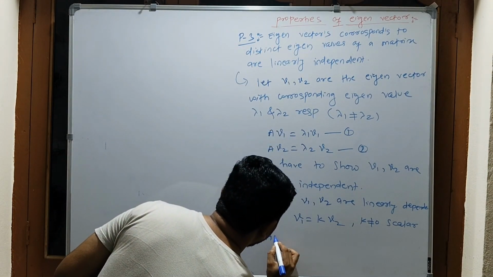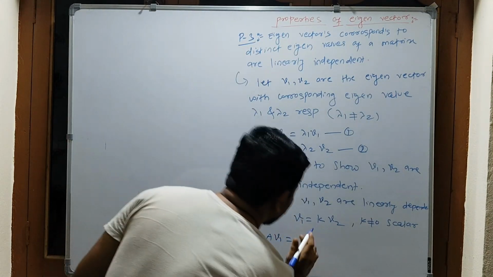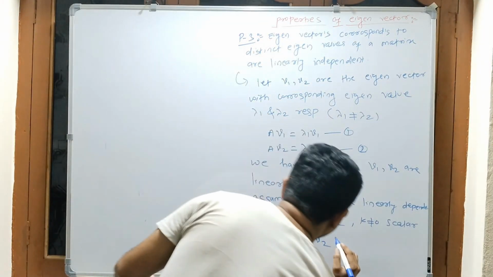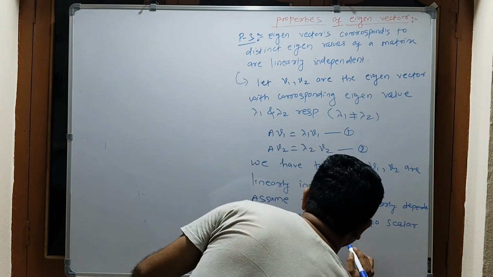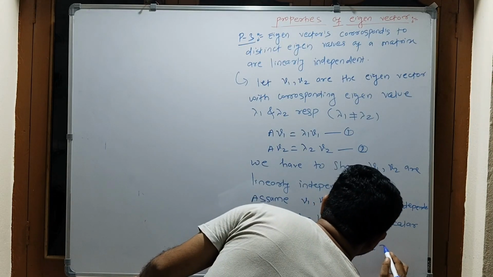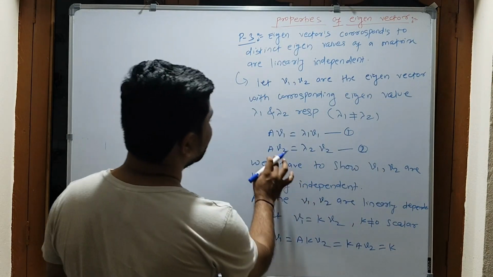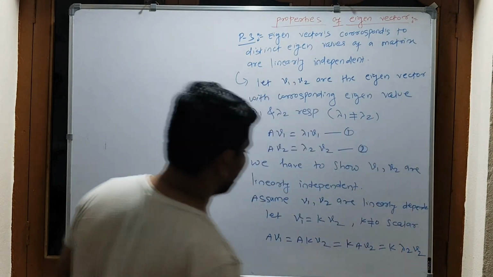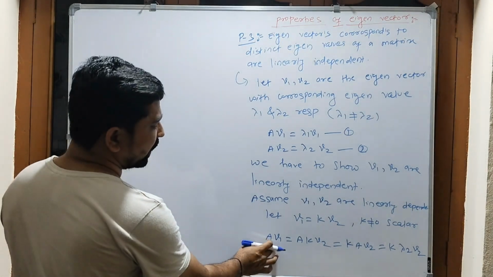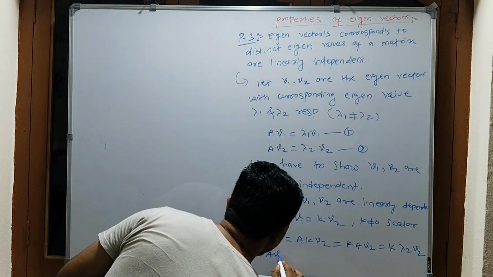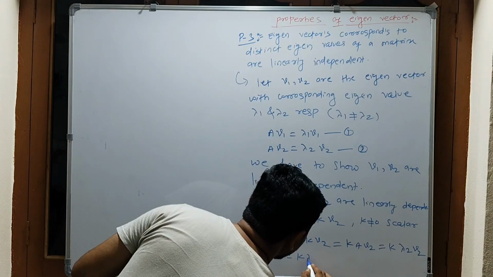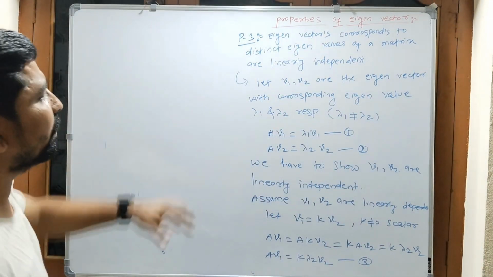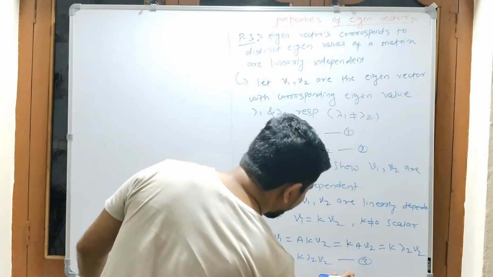A times v1 equals A times k v2, which is k times A v2, and A v2 is lambda 2 v2. So A v1 is equal to k times lambda 2 v2. Let's call this equation 3.